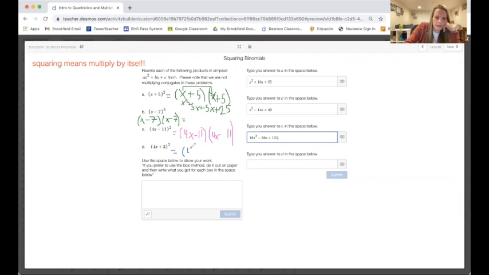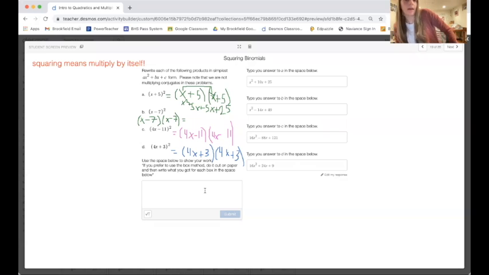You're going to do 4x plus 3 times 4x plus 3 to end up at 16x squared, because that's 4x times 4x, and then you're going to do 4x times 3, which is 12x, plus 12x plus 12x, 24x, plus 9, 3 times 3, 9. Again, if you want to see those all worked out, you can look at the PDF version of the answer key.